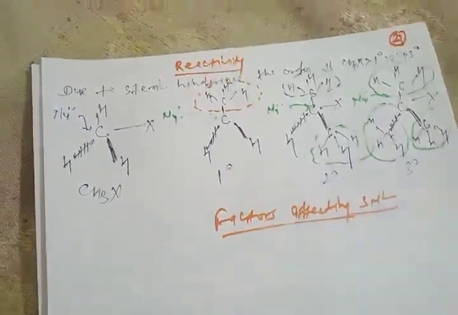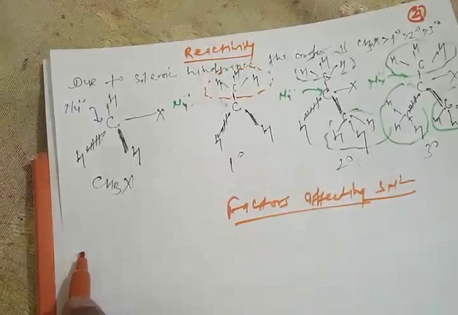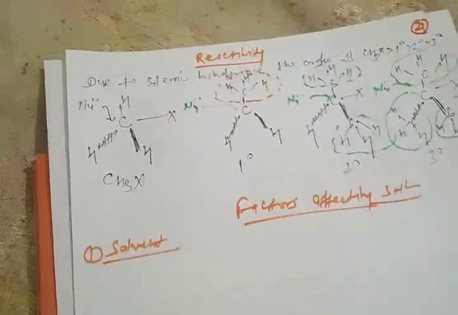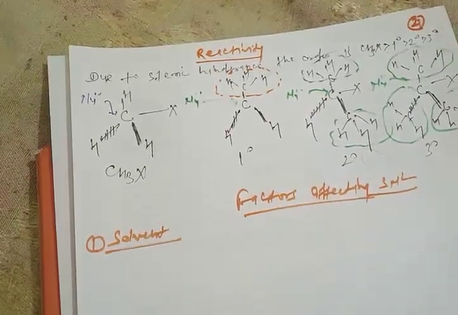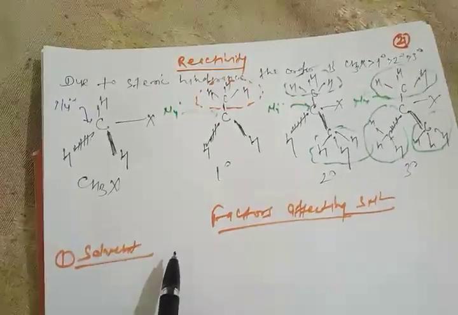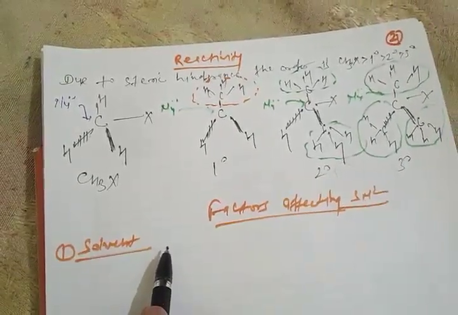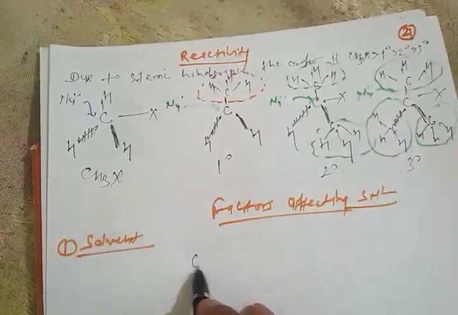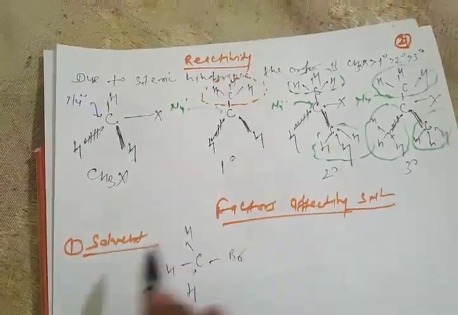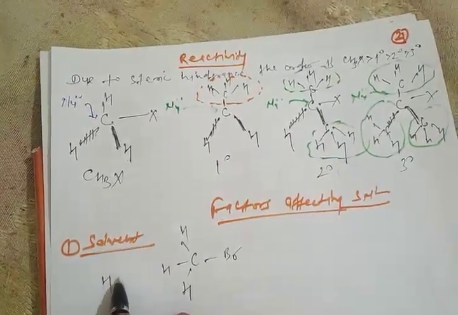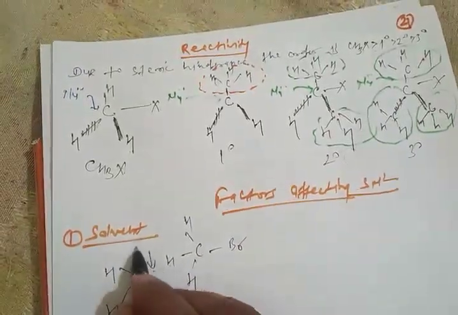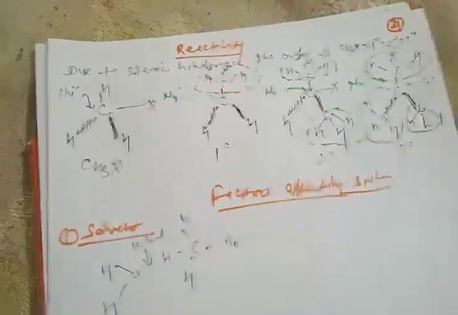Okay, so the very first is the solvent. If you remember the SN1 reaction, there we required a protic solvent. Okay, what is the difference here? If you are going to use a polar solvent here, what will happen? See, we have hydrogens with bromine, and if you are using a polar solvent like water, this will certainly form a hydrogen bond, and again steric hindrance will be created.